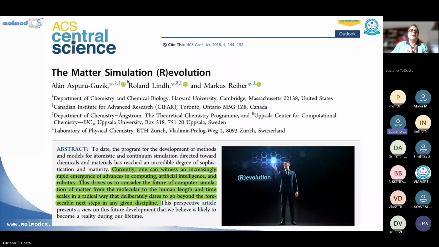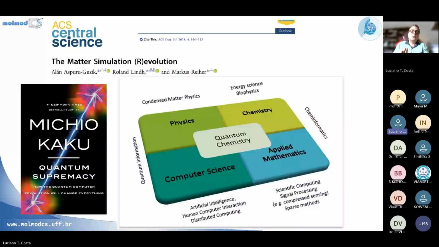And not merely an evolution, because evolution occurred in the past, but we are living and feeling a kind of revolution to design new materials using computational chemistry techniques.